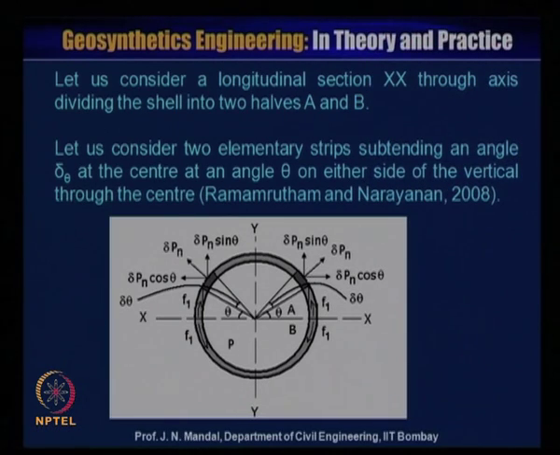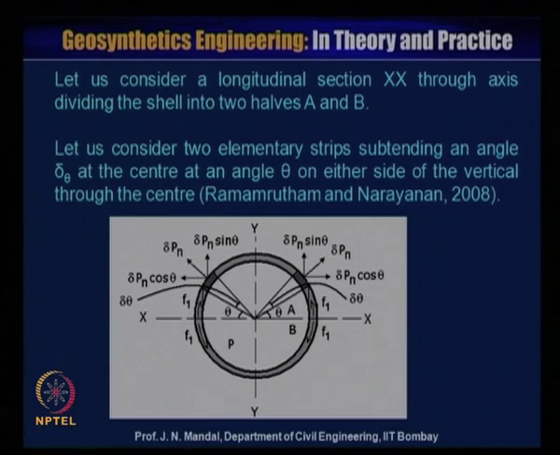Let us consider a longitudinal section XX through the axis dividing the cell into two halves, A and B. Now let us consider two elementary strips subtending an angle of delta theta at the center, at an angle theta either side of the vertical through the center.